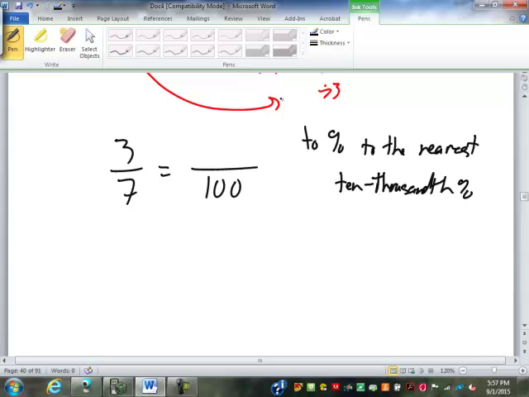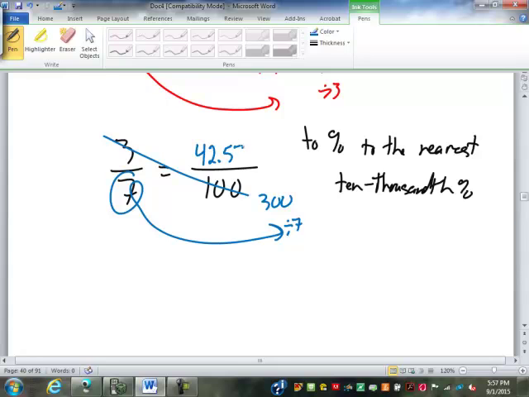So 3 out of 7 is going to be how much out of 100? 3 times 100 is 300, divided by 7 will be, what was that? 42.57. No, that's wrong. 42.857. Thank you. 42.85714 approximately. I had to go one extra digit so I can round to the 10,000th. 42.8571%.